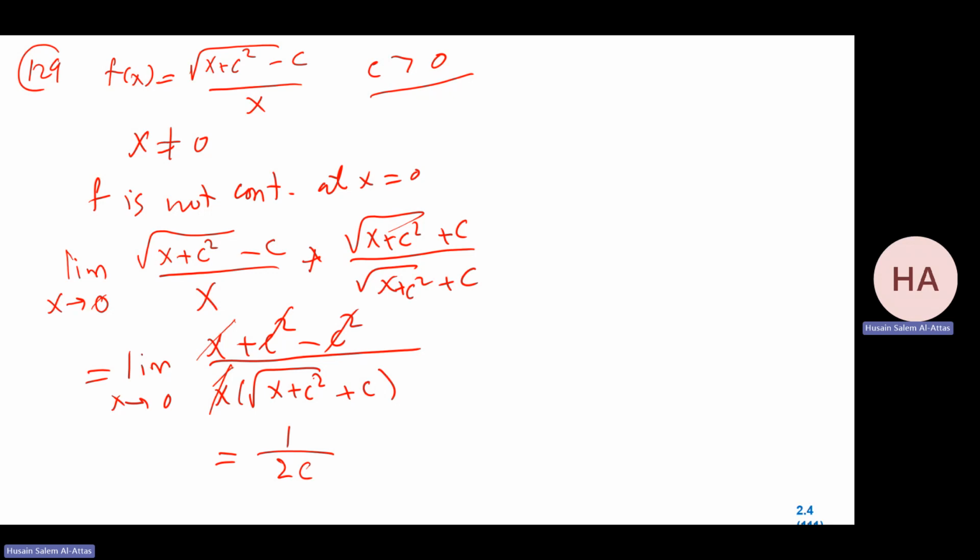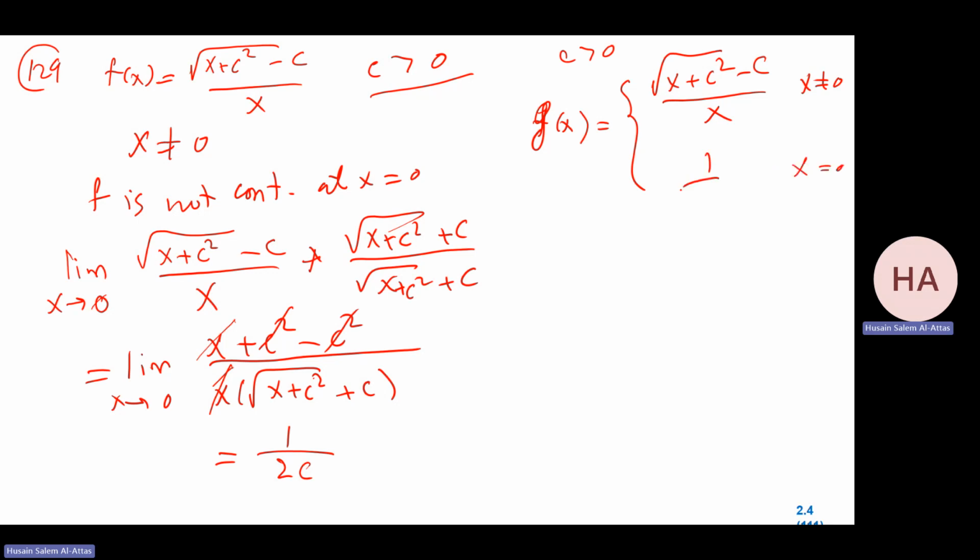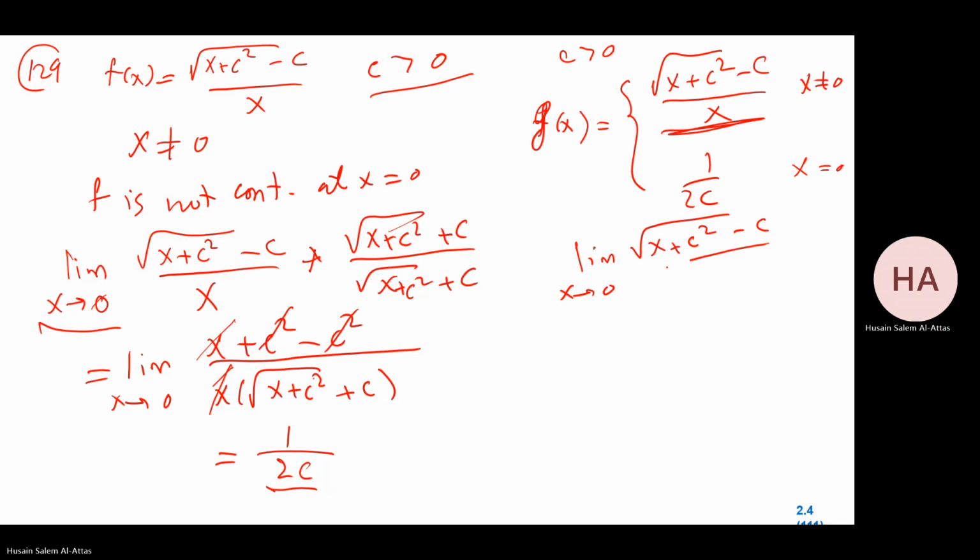So now I define f of x, make it g of x, as this function if x is not equal to 0, where c is positive in all cases, and I'll make it at x equals 0 this value, where I know the limit is equal to 1 over 2c. So in this case, the limit as x goes to 0 is 1 over 2c, which is g at 0.